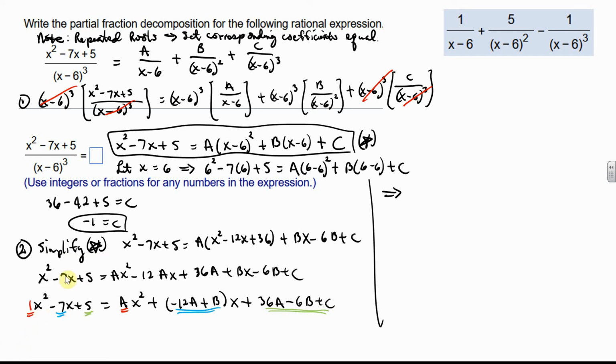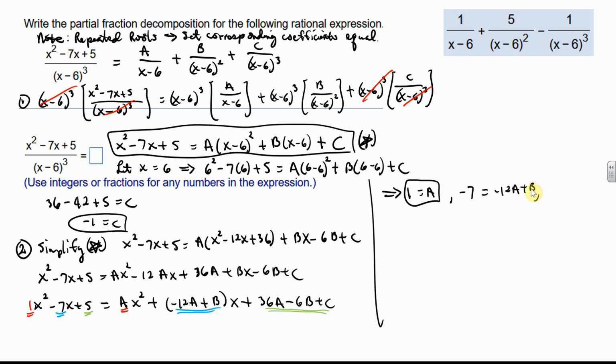So when I do that, this implies that 1 is equal to a, because it's x squared, right? So 1 is equal to a. Well, that's already solved for us. That's good. So we got a, we got c, so all we have left is to solve for b. But let's just keep going. That's negative 7 is equal to negative 12a plus b.